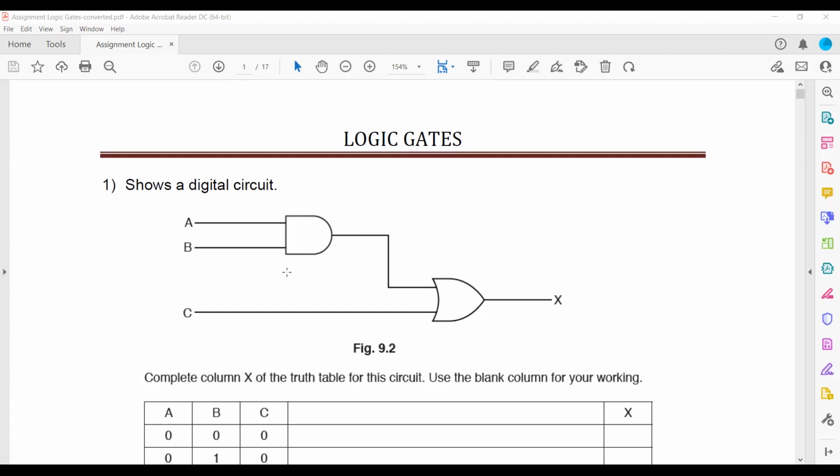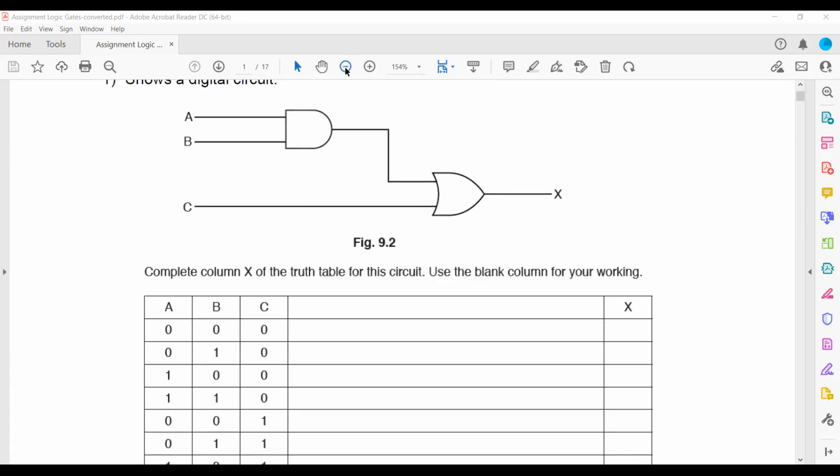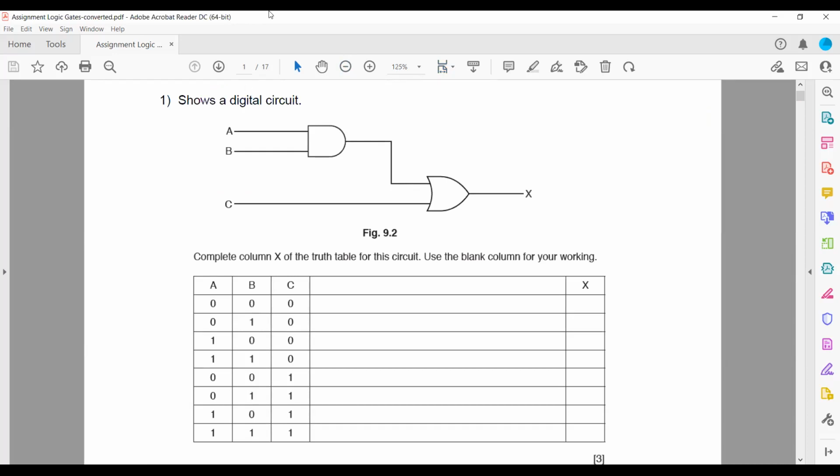So in the question, you have to complete this table. How to complete the table? This is AND. Here is an OR gate. For the AND gate, the result is by multiplication, and for the OR gate, the result is by addition. 0, 0. What will be this result? 0 multiplied by 0.